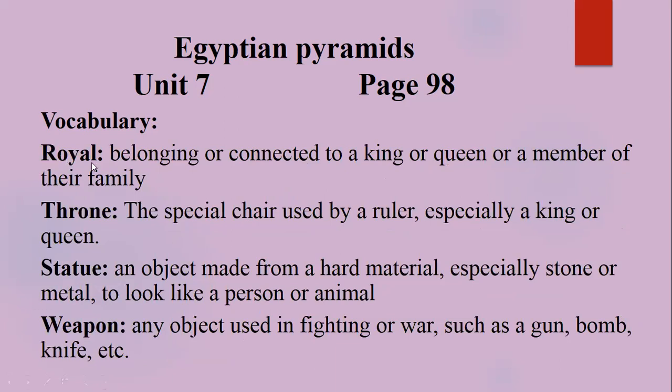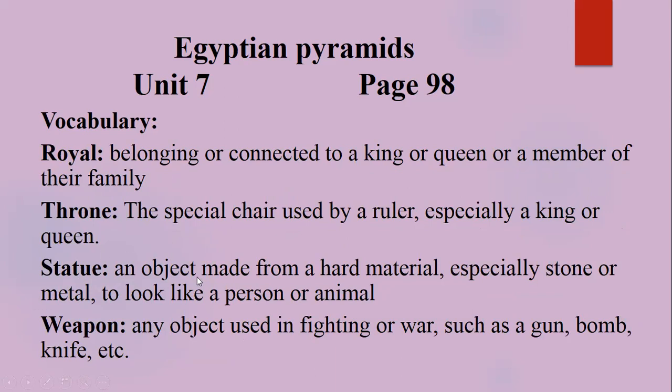Royal: belonging or connected to a king or queen or a member of their family. Throne: the special chair used by a ruler, especially a king or queen.